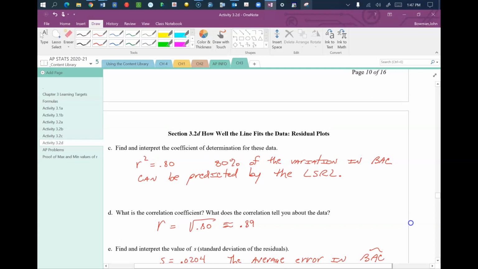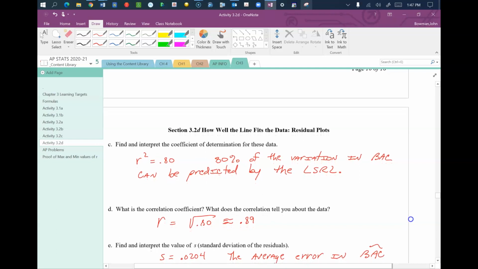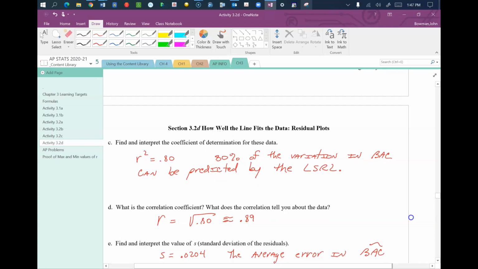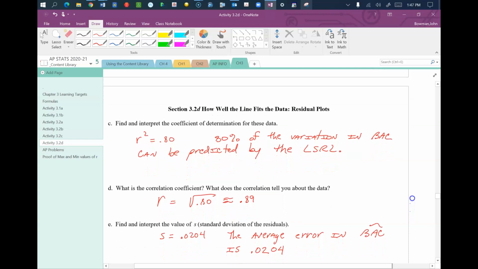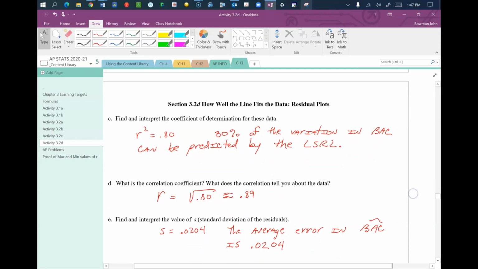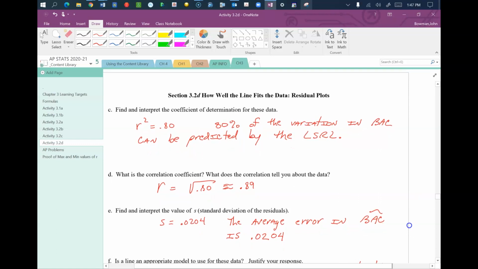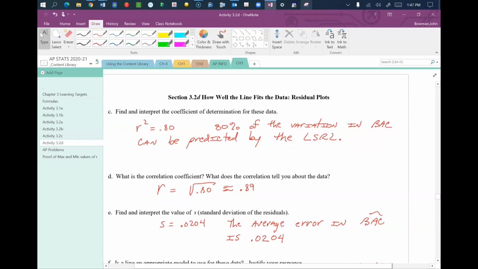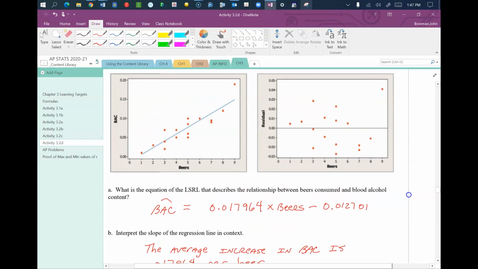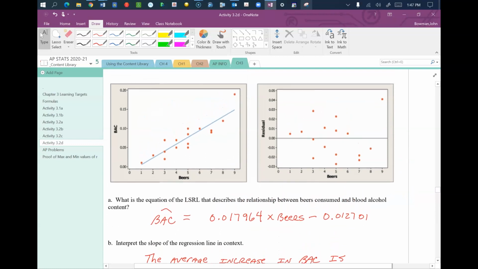The standard deviation, S, is 0.02. That is the average error in our predicted blood alcohol content, and it is 0.0204. Now, I think it's important to think about that in context. So, if you look at, let's say, the average blood alcohol content for this experiment, it's maybe about 0.06.